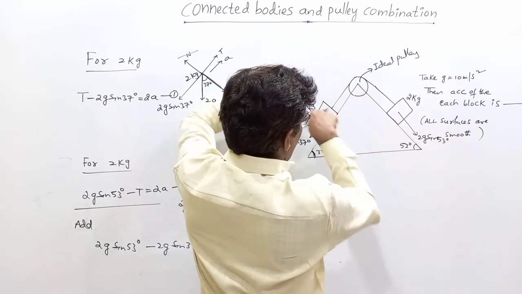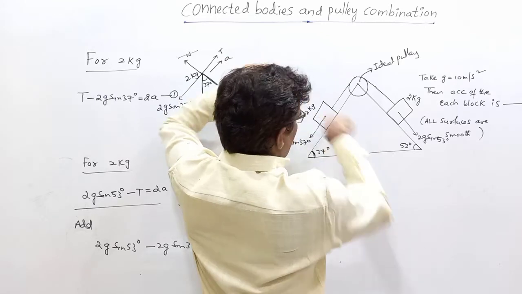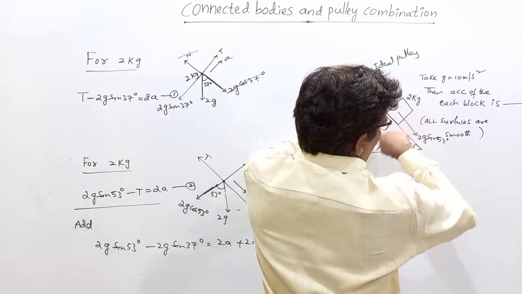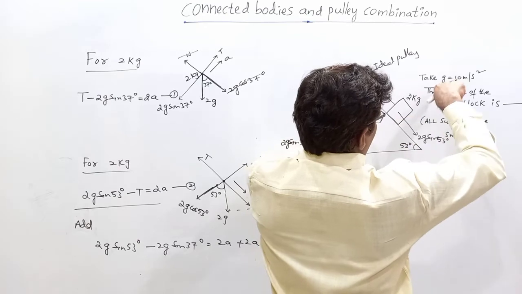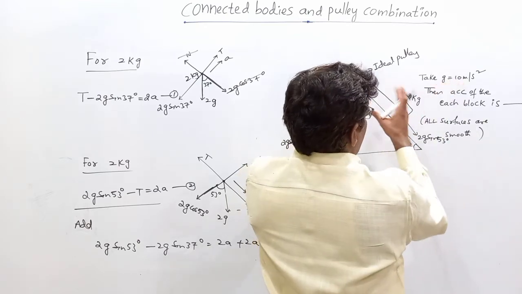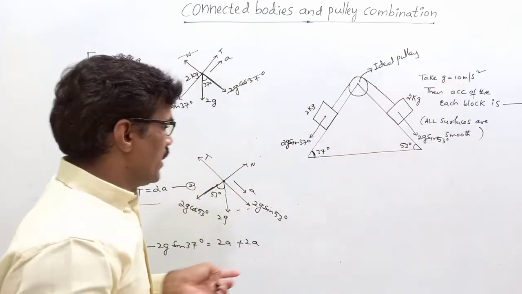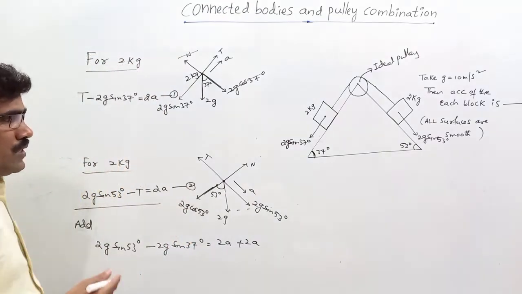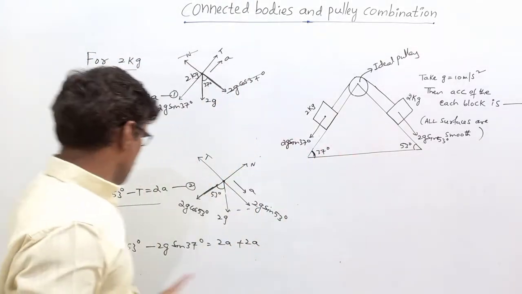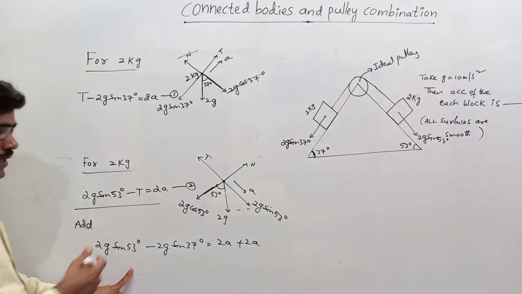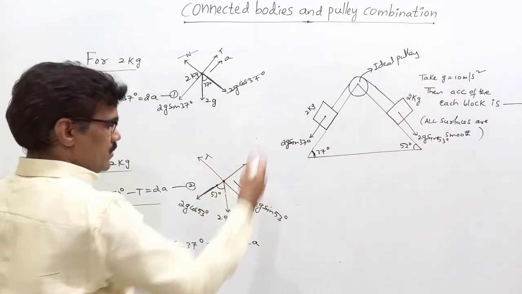Here 2g cos 37 and N cancel. Here 2g cos 53 and N cancel. So tension in a string is an internal force. That's why the net force is nothing but this minus this, which is equal to MA. M is nothing but 2 plus 2.